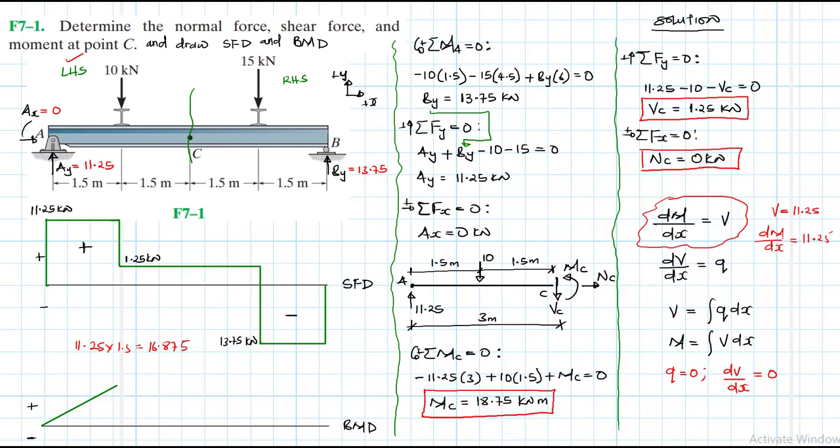Then this value here is 16.875 kilonewton meters. Okay, I'll write it later on. Let me write it: 16.875 kilonewton meters.